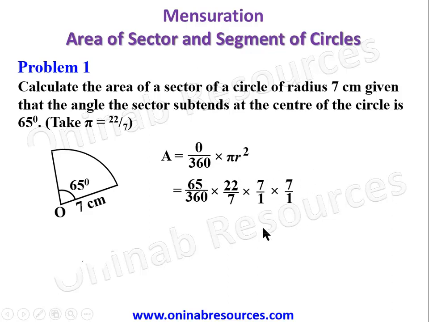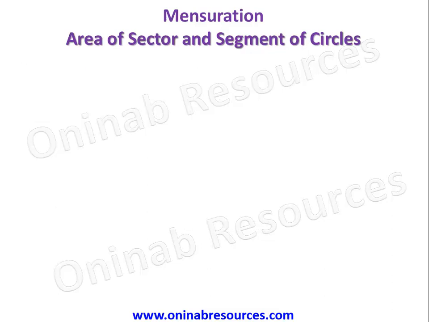If we simplify from our calculator, we have 27.80556 square centimeters. And that is the end of the solution to problem 1. Since we are not given any degree of accuracy for our final answer, we leave it like this. So we go to problem 2.